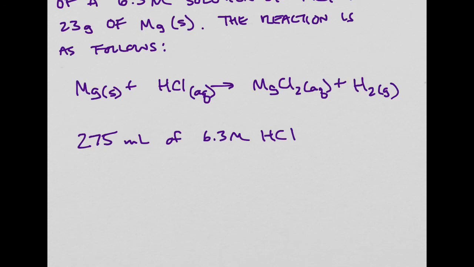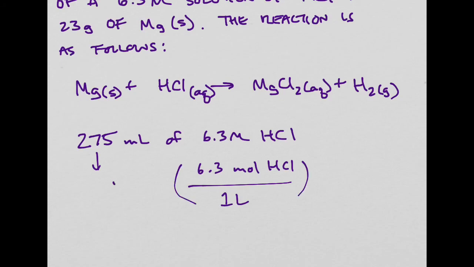It's actually a pretty simple thing once you understand what you need to do. Don't forget that 6.3 molar means the same thing as 6.3 moles of hydrochloric acid per 1 liter of solution. But we don't have a full liter, we only have a portion of a liter. In fact, we have 0.275 liters, because don't forget that you need to divide by 1,000 milliliters is equal to 1 liter.